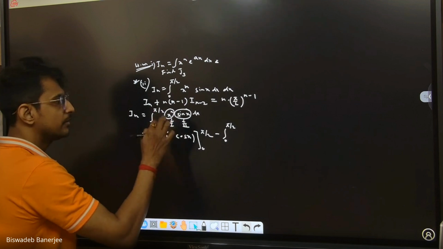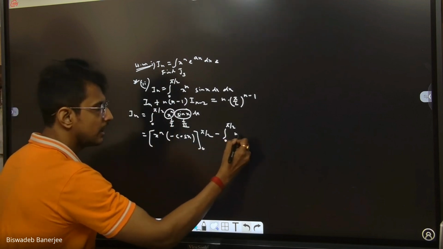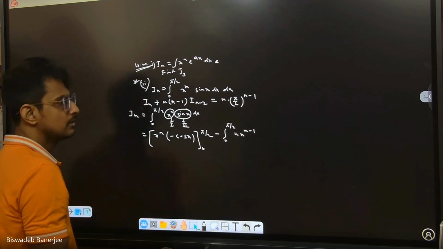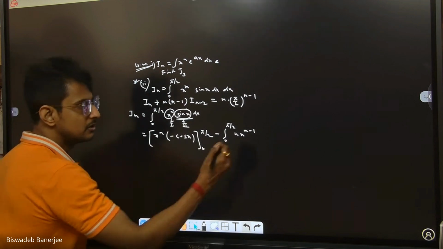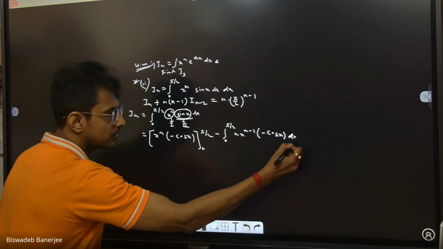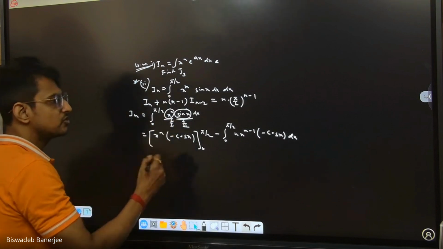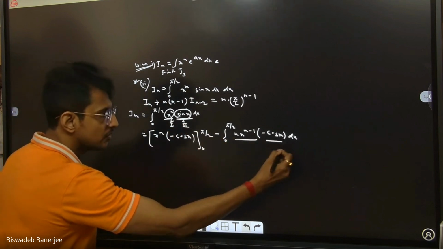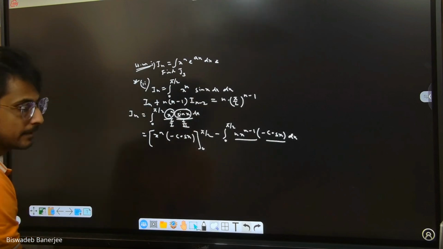Derivative of first function means derivative of this, which is n into x to the power n minus 1. Then integration of the second function, integration of sin x is minus cos x. This comes from the by parts rule.